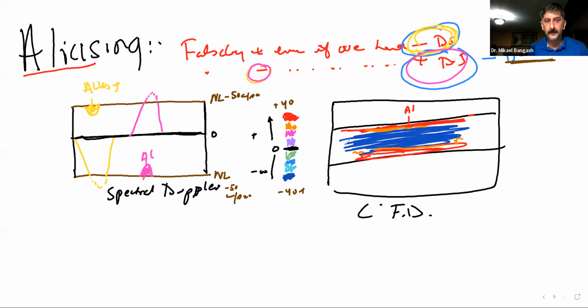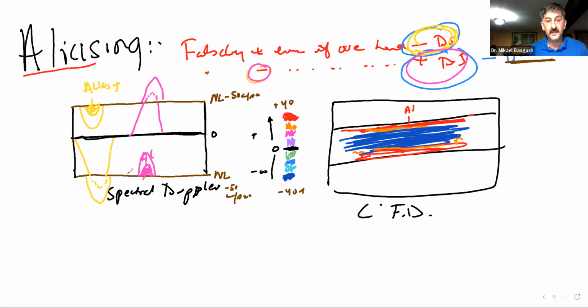Just like you could have had a velocity beyond the Nyquist limit, which was greater, this spike would have been created up here. Or likewise, this would have been a greater velocity. Did that make sense?